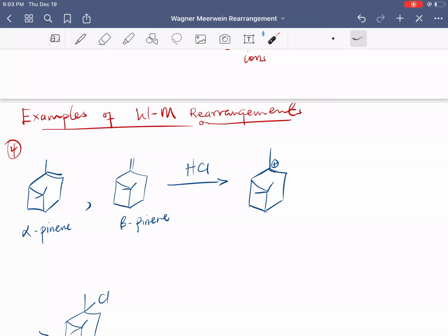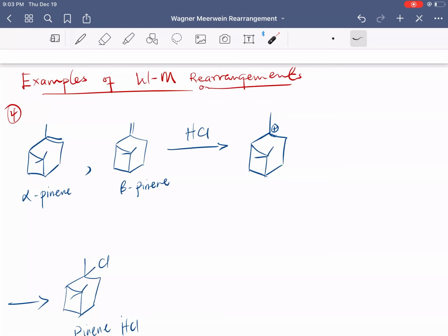Now, at a very low temperature, we form this product here. However, if we increase the temperature, this group here migrates to that carbon there.